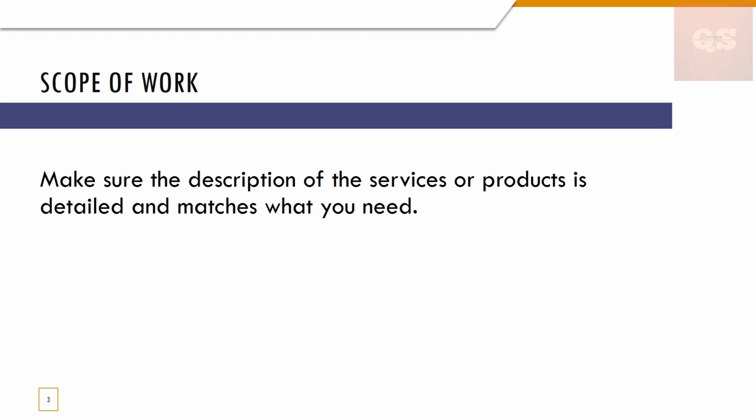Sometimes the requirement might be painting of the whole house, but what that service provider might understand is, okay, painting of just a room. So something like that you need to be aware of. You need to make sure that your requirement and his understanding are on the same level. That is the scope of work.